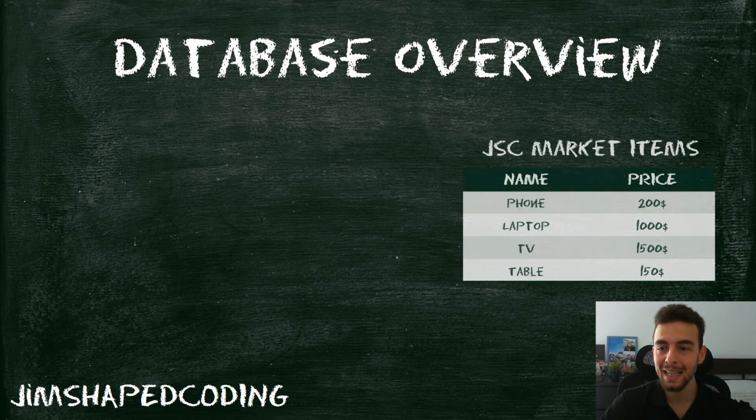So normally databases are looking something like the following. Okay, so we got a lot of tables within our database, and each of the tables are going to have their fields. So in our case, we want to store some items within our website. Then it makes sense to create a table that is called JSC market items, and then give it two fields, which one of them could be name and the second one could be price.